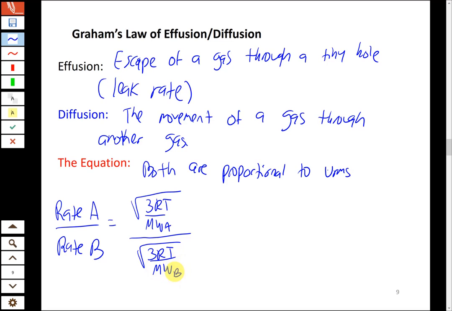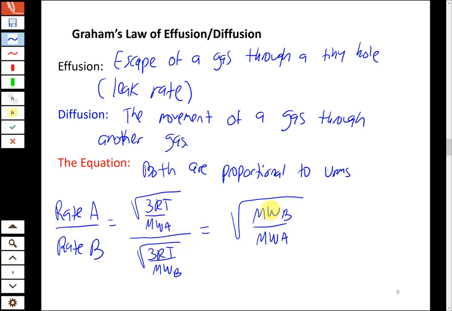So if they're at the same temperature, which is how we would typically compare them, then the ratio of their rates of effusion or diffusion is just the inverse ratio of the square root of their molar mass, B over A. If we simplify this equation, 3RT divides out because it's the same for both, and you just have a ratio of molar masses, but they're inverted.